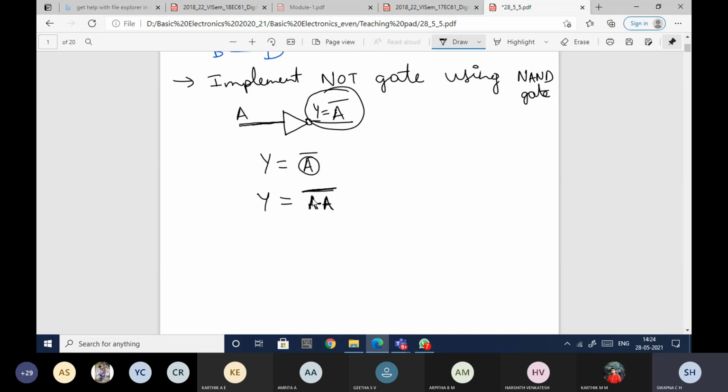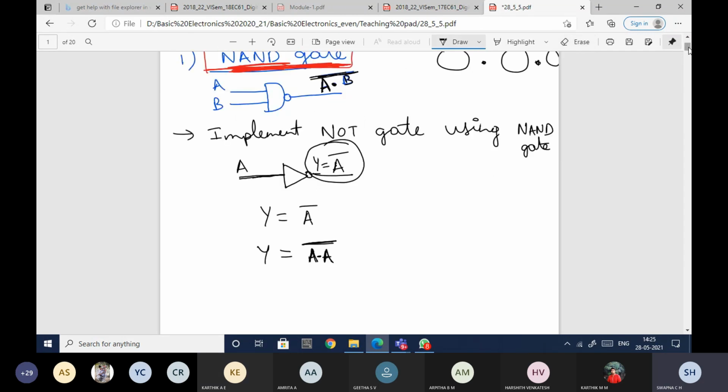Term or variable, anything is fine. Here I have just one variable A. Otherwise it can be a term like AB plus AC whole bar, just an example. Is it clear? Is it in that form?